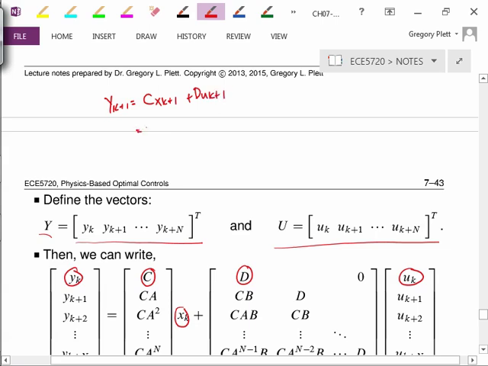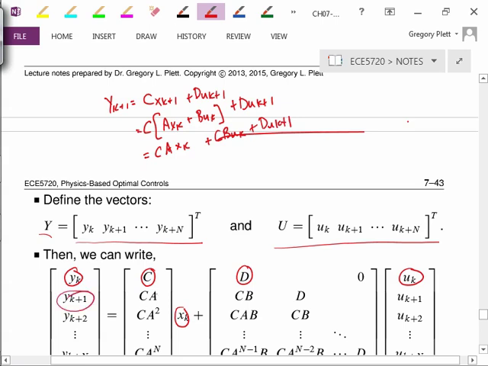And then we substitute in xk plus 1 is a times xk plus b times uk. Then we're going to get c times a times xk plus c times b times uk plus d times uk plus 1.